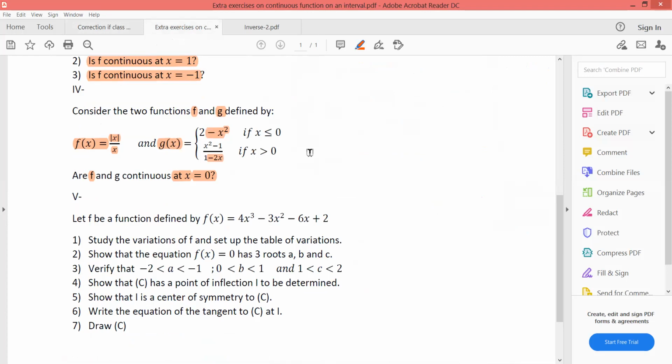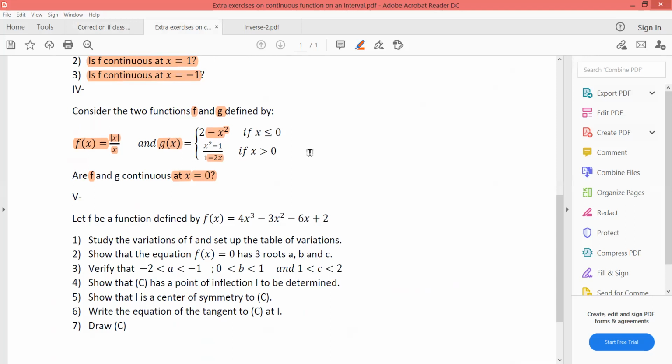We take the limit of g(x) as x tends to 0 plus, of x squared minus 1 over 1 minus 2x. How much does the limit come out? 0 over 1, so 0? How 0 over 1? Minus 1. Yes, minus 1. And from the other side it comes out 2. Is it continuous at x equal 0? No, not continuous.